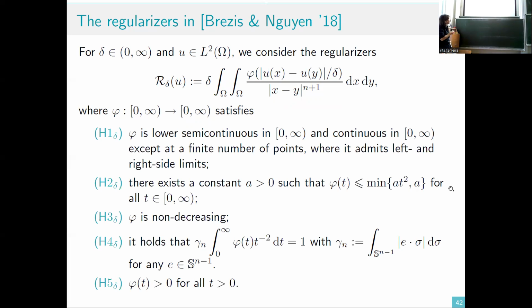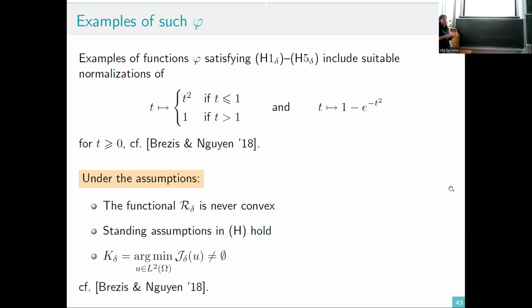They are lower semi-continuous in the interval 0 to infinity, continuous except at a finite number of points. You have a certain bound from above. It is non-decreasing. You have a normalization condition, and it's positive if t is positive. Okay, it's a long list, but nothing special about these conditions. We are just importing the ones that they were considering, and of course, again, you want to make sure that there are functions that do satisfy these conditions.